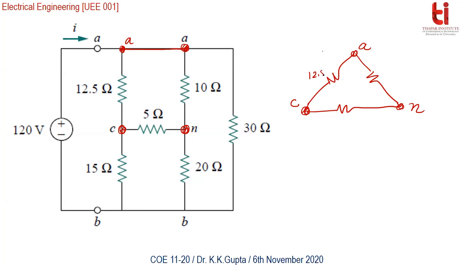This is 12.5 ohms, this is 10 ohms and this is 5 ohms. इसी तरह से देखो, आपको एक और डेल्टा नीचे भी दिखेगा बिटवीन B, C and N.